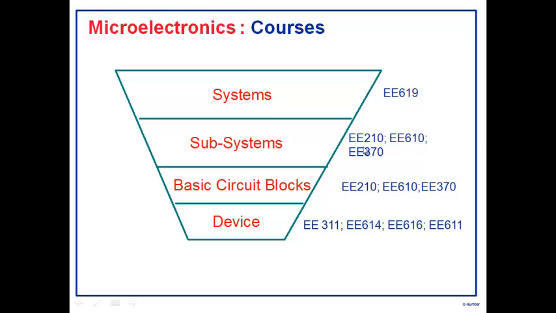In EE370 also, we go beyond the basic gates and counters and all of that, and we look into data paths and controllers and microprocessors and all of that. So these courses cover the subsystems level. At the systems level, in brief, this is what microelectronics is in a simplified form.